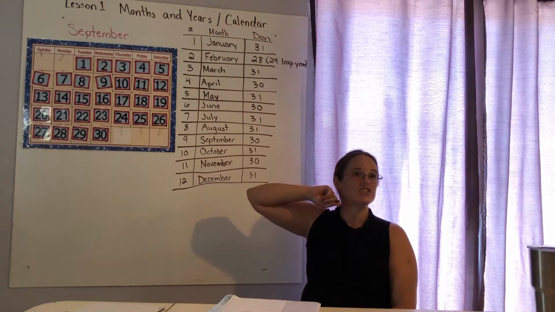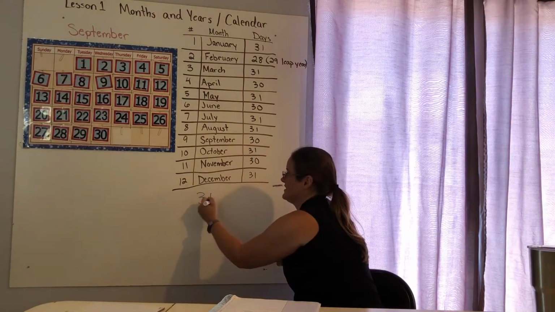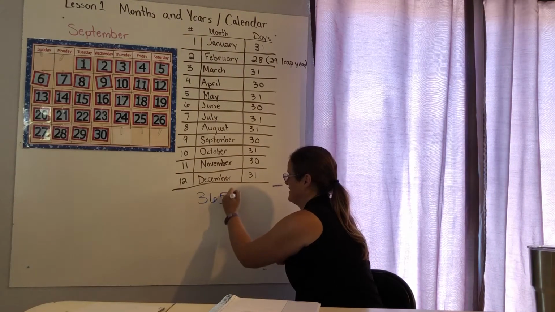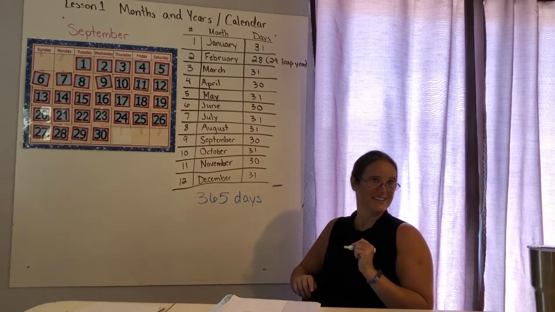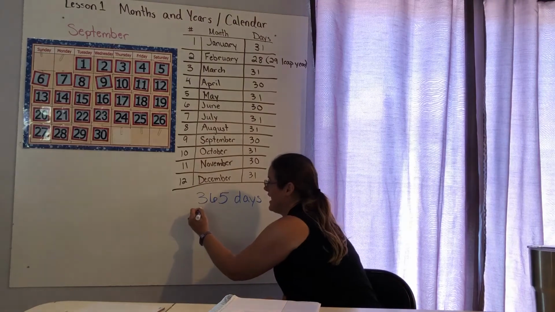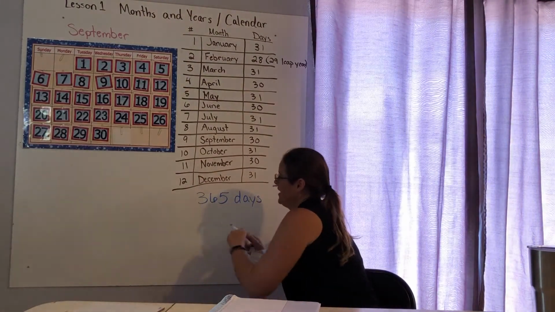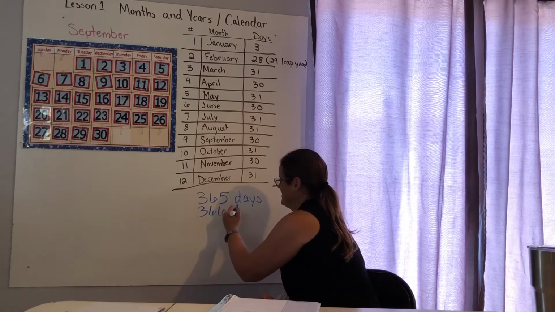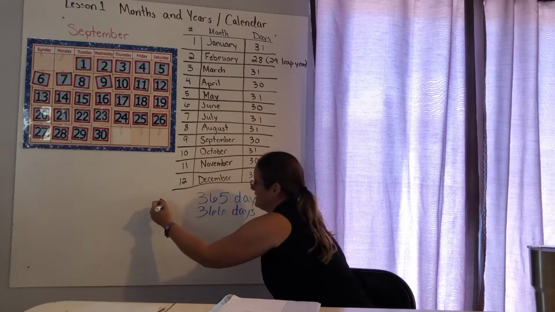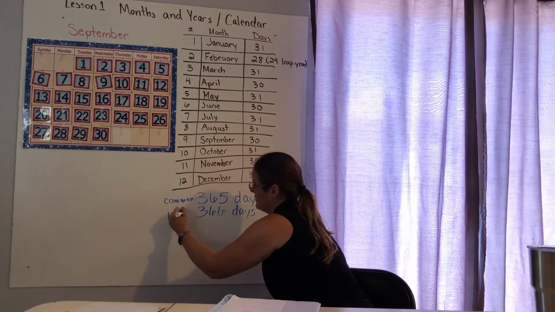A common year has 365 days, so a leap year has 366. A leap year has 1 extra day. So 366 days are in a leap year. This is a common year, and this is a leap year.